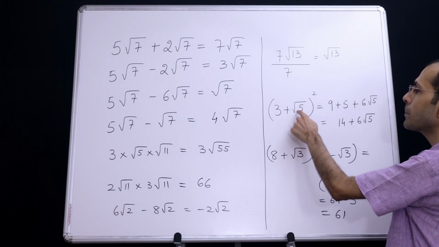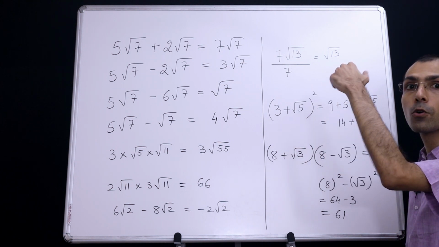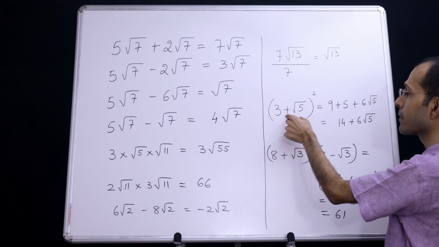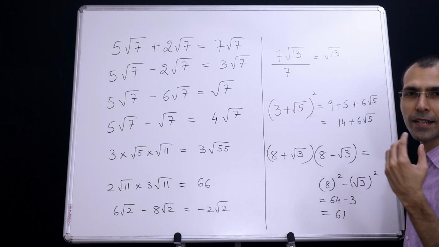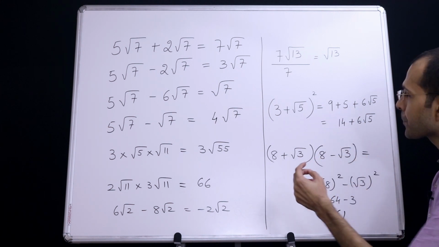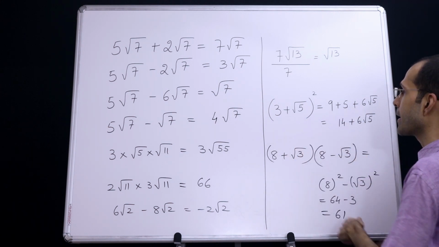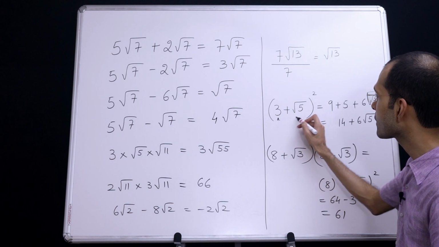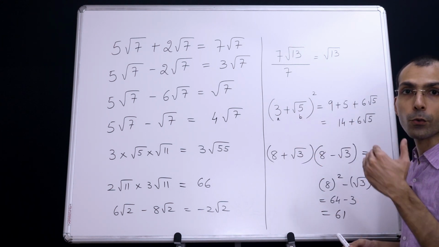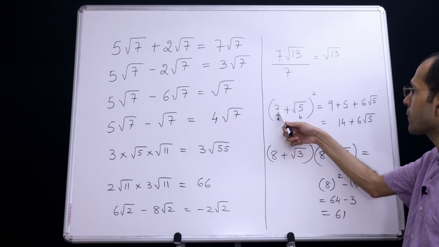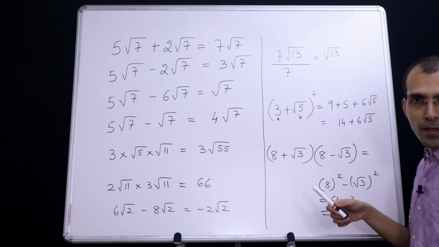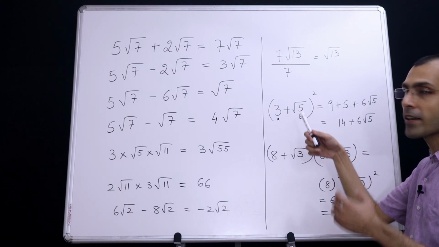Now 3 plus root 5 the whole square. This is like what? Recall your class 8th elementary expansions, a plus b the whole square. So this is like a and this is like b. How we had studied? Square first term. So when you square first term you will get 9. Square second term. Second term when you square, root 5 square.